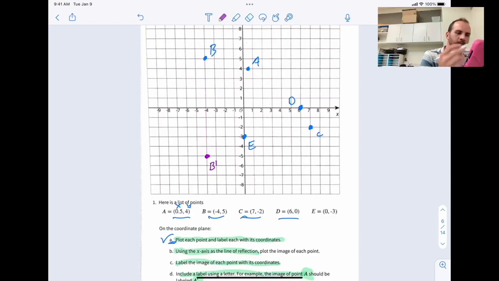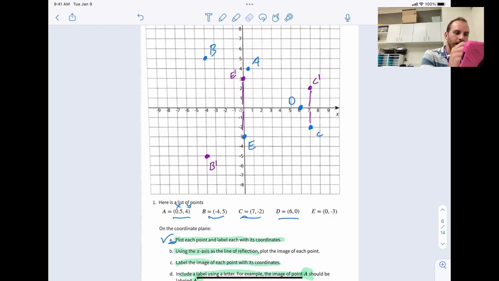Okay, that's one of them done. Let's do C next. C is 2 spaces to the x-axis, 2 spaces across it, and we get C prime. We do the same thing with E: 3 spaces to the line, 3 spaces beyond it, we have E prime.